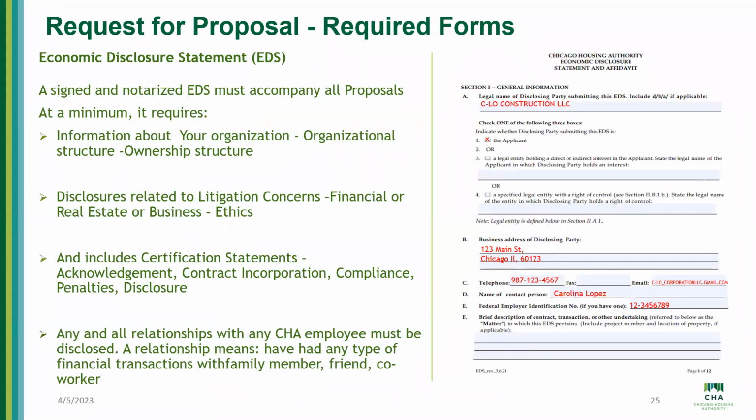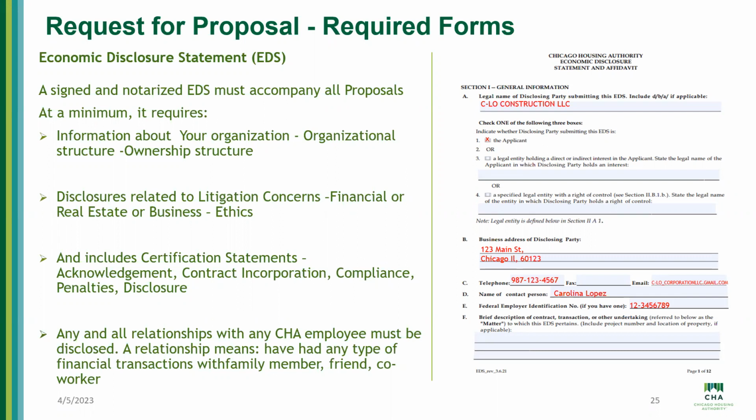This is information about your organization, meaning the organizational structure and the ownership structure. This form has disclosures relating to litigation, concerns, financial, real estate, or businesses, and also talks about ethics. This includes the certification statements, acknowledgements, contracts, incorporations, compliance, penalties, and disclosure.